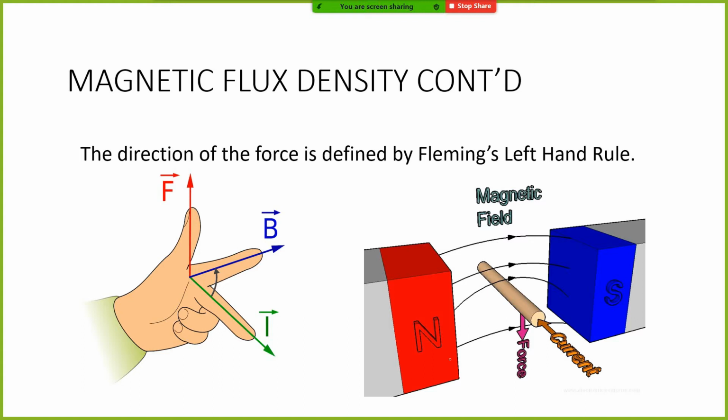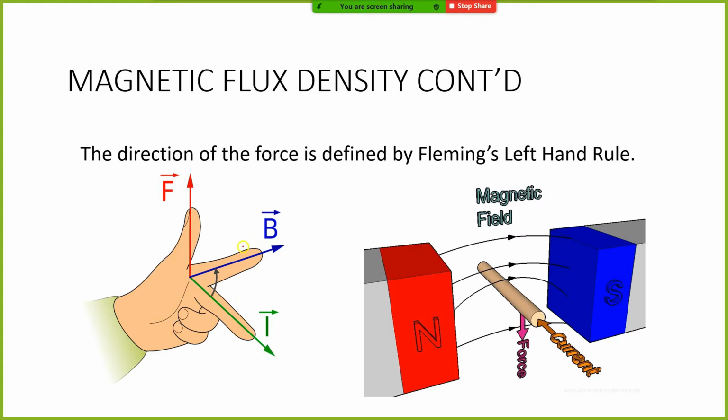Now, whenever we have a current-carrying wire placed within an external magnetic field, the wire will experience a force. Now, there's a particular method through which we can determine the force on the wire, and that is by using what we call Fleming's left-hand rule.